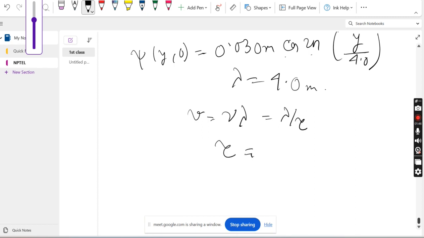So tau times v will be lambda by v. So the velocity is given, that is 2 meter per second, and lambda is 4 meter. So this will be 2 seconds.